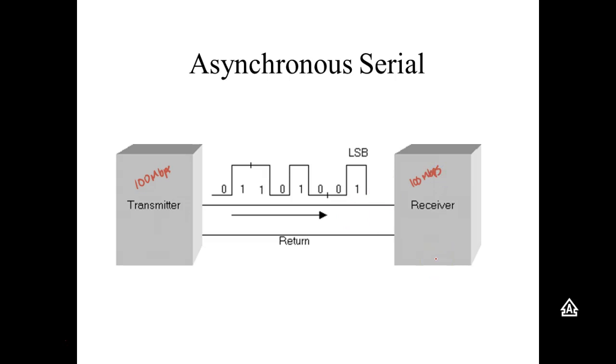All we do is send a sequence. We send data in packets, and inside the header, they run a sequence of 10, 10, 10. That gets the clock on the receiver synchronized with the clock on the transmitter.